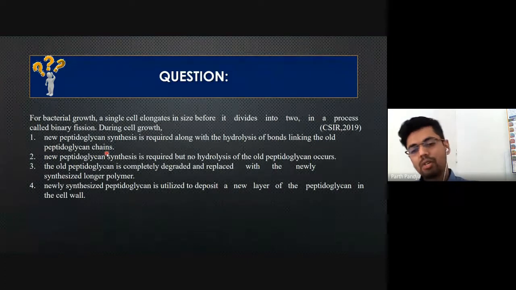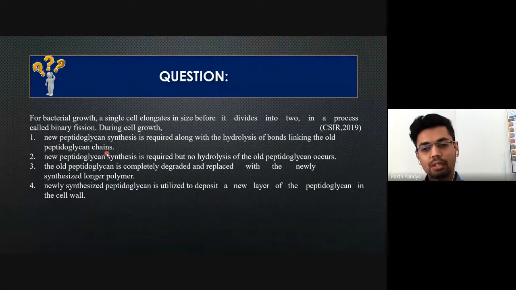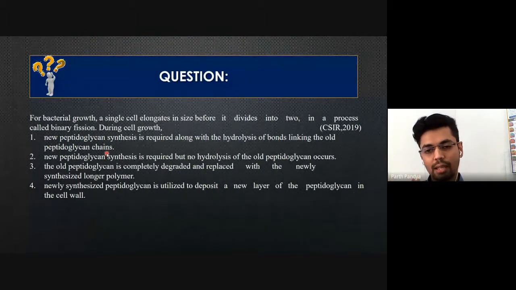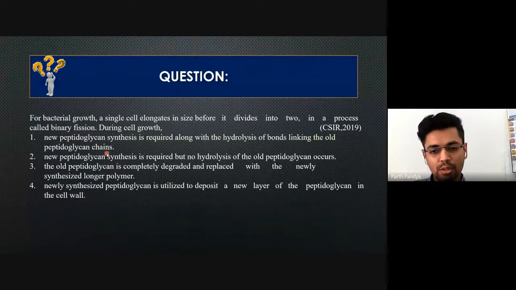Generally, whenever peptidoglycan synthesis occurs, the old peptidoglycan is already present and the new residues get joined to it. So the answer is the first: new peptidoglycan synthesis is required along with hydrolysis of the bonds linking the old peptidoglycan chains.